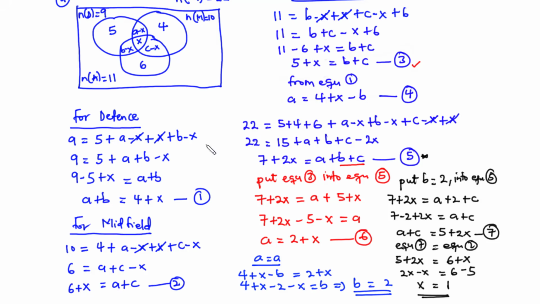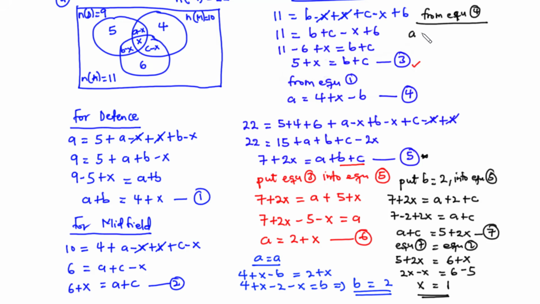Now considering the Venn diagram, we've been able to find the value for b, we've been able to find the value for x. Now let's find the value for c and a. So from equation 4, we have a equals 4 plus x minus b.